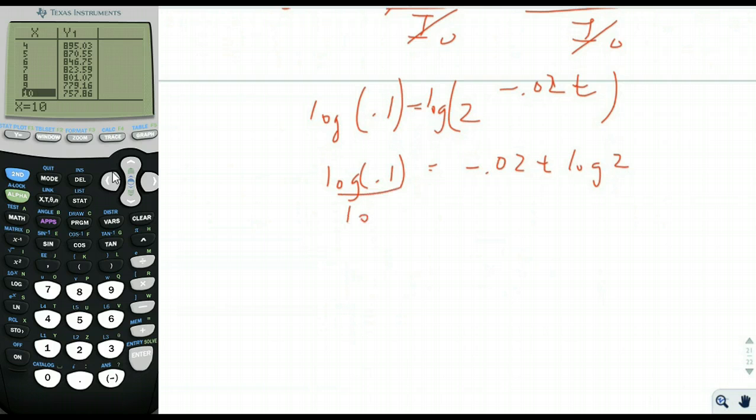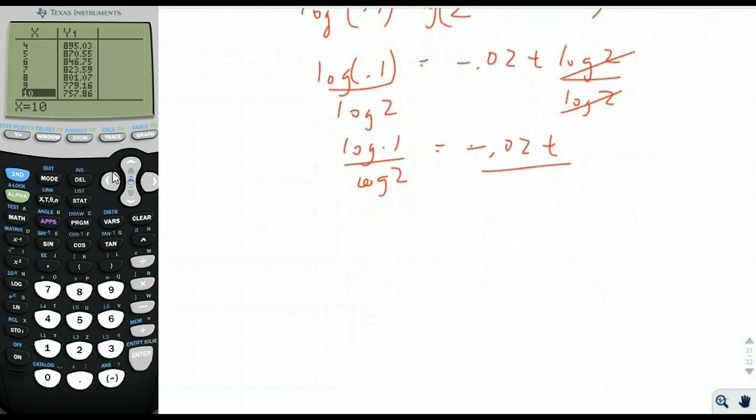And then I'm going to divide both sides by log of 2. And then I have negative 0.02t is equal to log of 0.1 divided by log of 2. Then I'm going to divide both sides by negative 0.02.